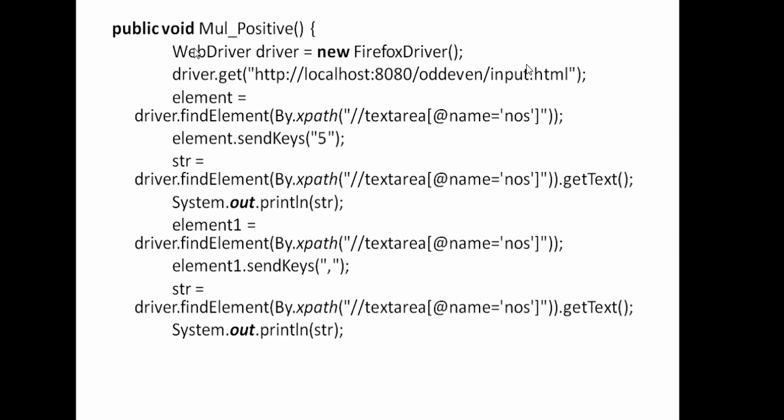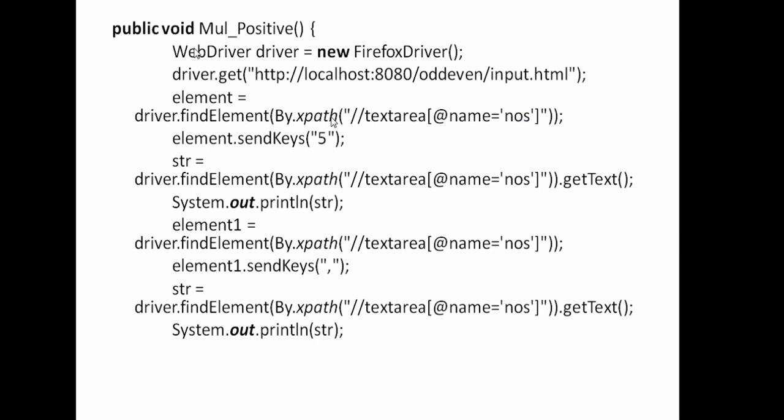In order to pass the numbers to that particular text area, I am using the element object of the driver class, a WebElement object, and I'm using driver.findElement, getting the text area by xpath and locating the input name, which is the numbers name.